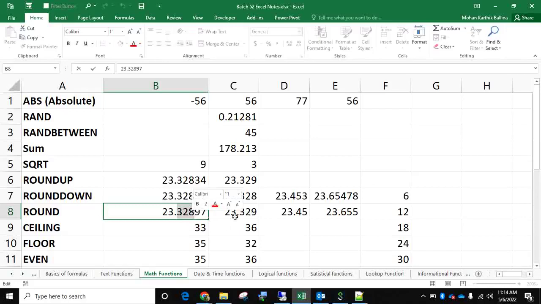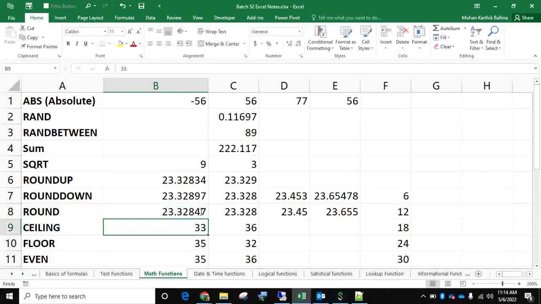My answer is 3 to 9, because the last digits depend on the fourth digit. If the fourth digit is greater than 5, it rounds up to 90. If it is less than 5, then 80. For example, now I am changing here to a 4, then the answer is 23.328.